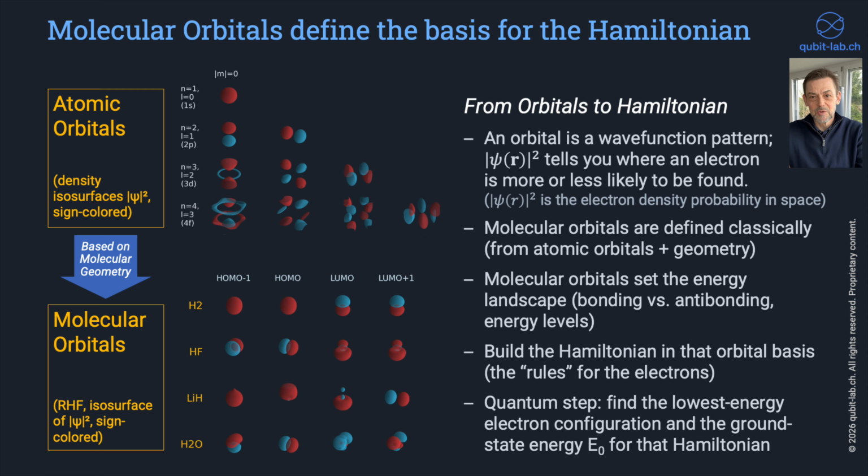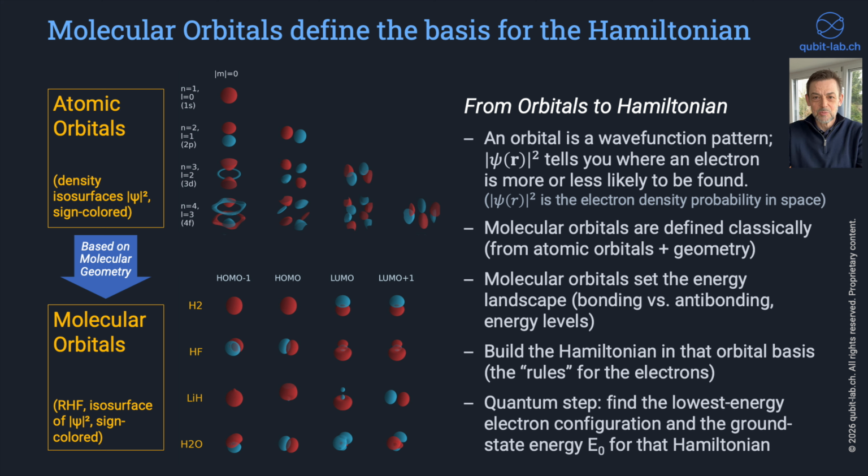In a molecule, those atomic orbitals combine into molecular orbitals shaped by the geometry of the molecule and the interactions between atoms. Molecular orbitals come with energy levels. Some are bonding and stabilize the molecule, others are antibonding and destabilize it. The ground state energy is the energy of the lowest energy electron configuration across these orbitals.